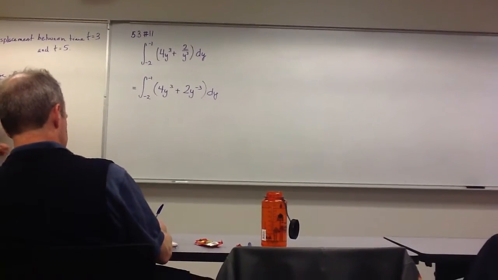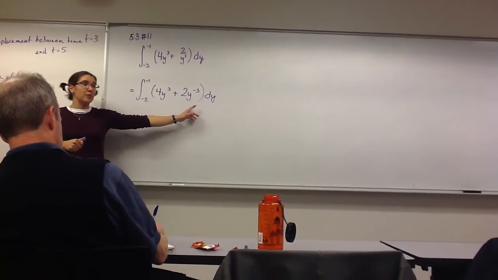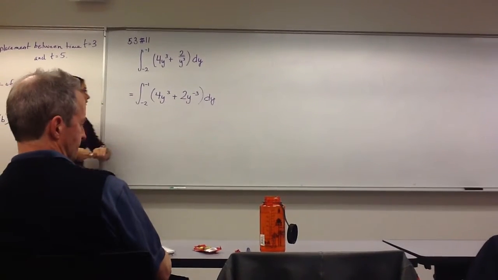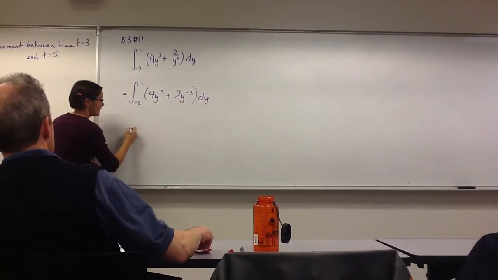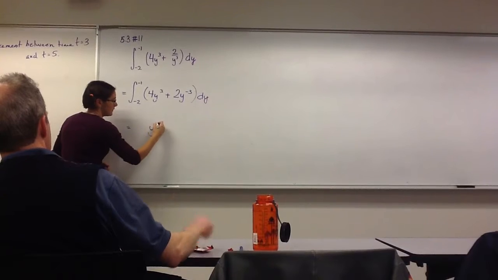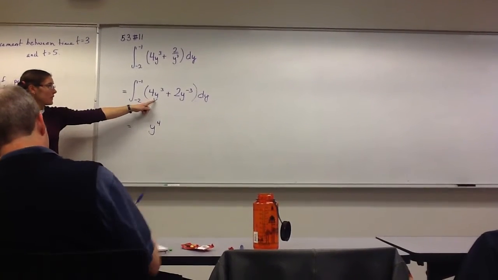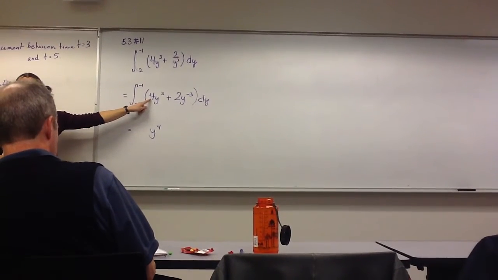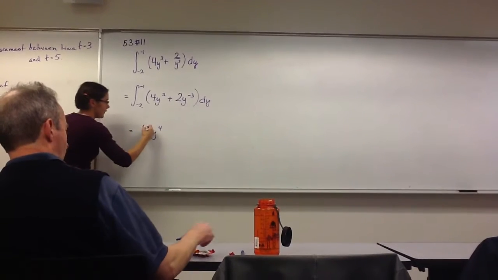So once I do that, now I can apply the integral power rule for both of these. To come up with my antiderivative, I'm going to add 1 to the power. So I get y to the 4th, and then I'm going to divide by that new power. So I get 4 over 4 in the front.